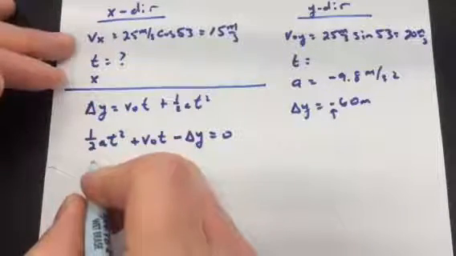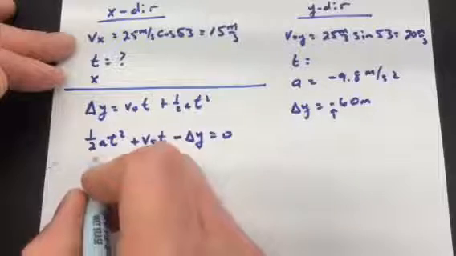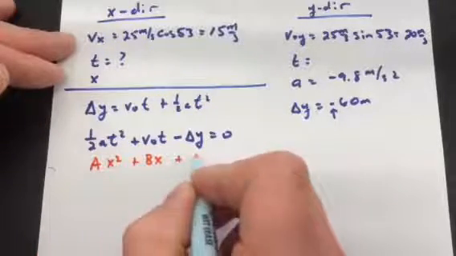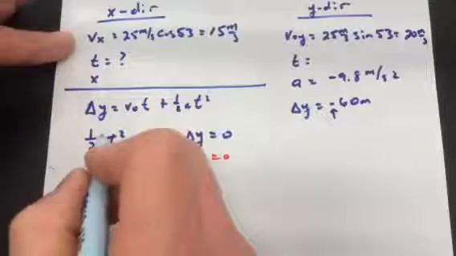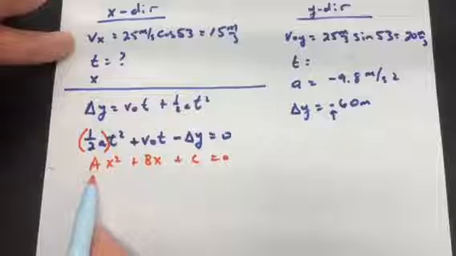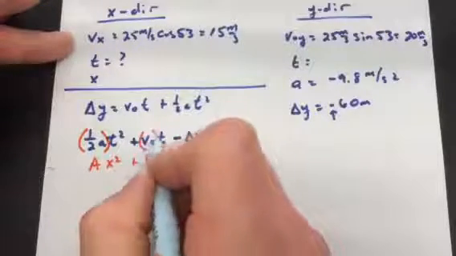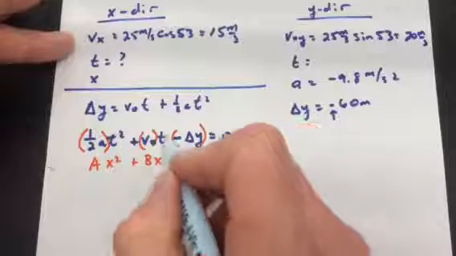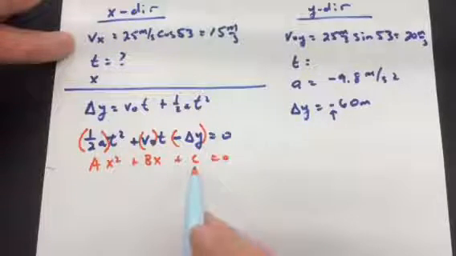We compare this to ax squared plus bx plus c equals 0, so that 1/2 a stands for a, v naught stands for b, and negative delta y is what c is.